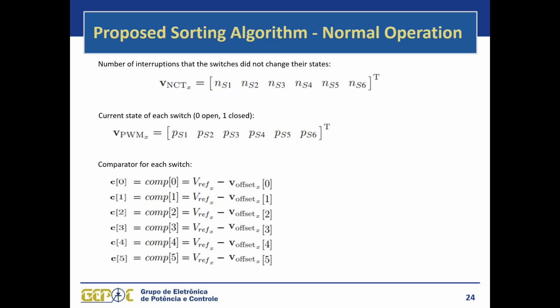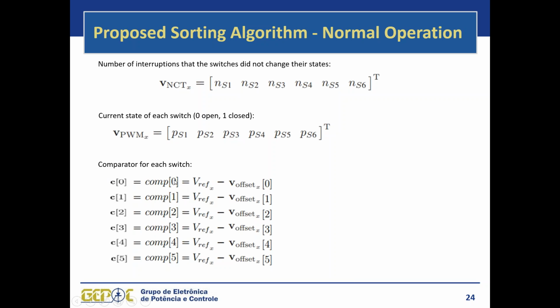Finally, we also have another vector that is the current state of each semiconductor switch. So if this value is 0, the switch is open, and if the value is 1, the switch is closed. So basically, these are the definitions for the modulation.